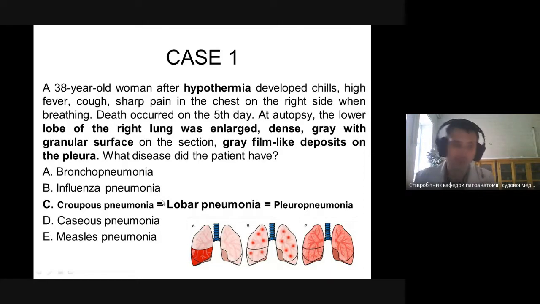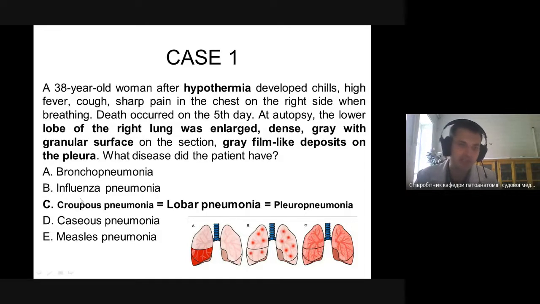This condition is extremely difficult to go through because the whole lobe is not functioning. It means lung failure, and usually fatal sometimes. This time it's not as lethal as before, but anyway, someone could die because of this condition.